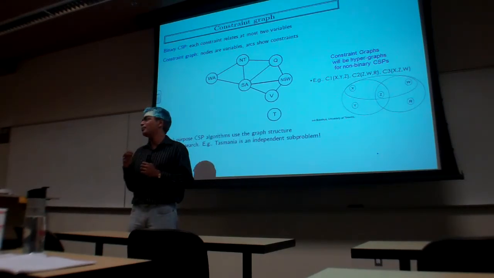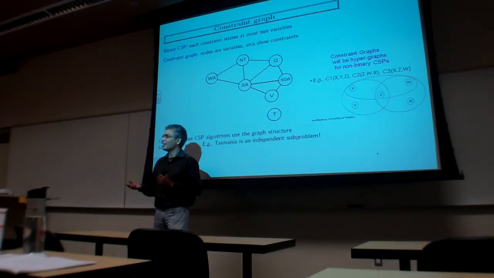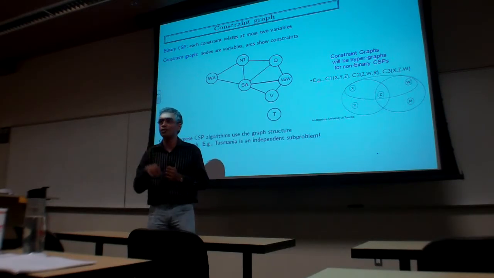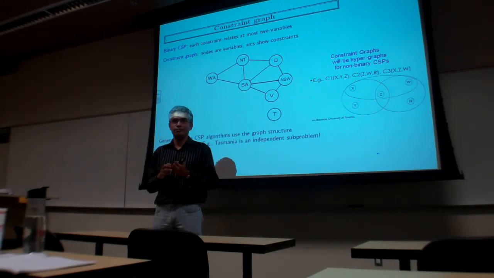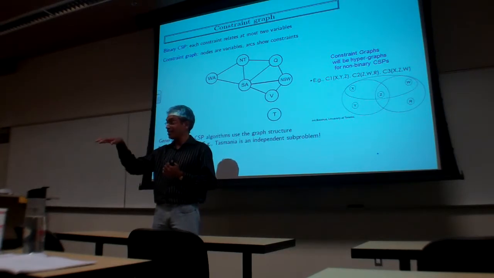How hard is Boolean binary CSP to solve? It's polynomial, because it is also called 2-SAT. Right? Boolean binary CSP is 2-SAT. That means constraints are exactly between two variables. And that's polynomial. So you know that there are subclasses of CSP which are polynomial.